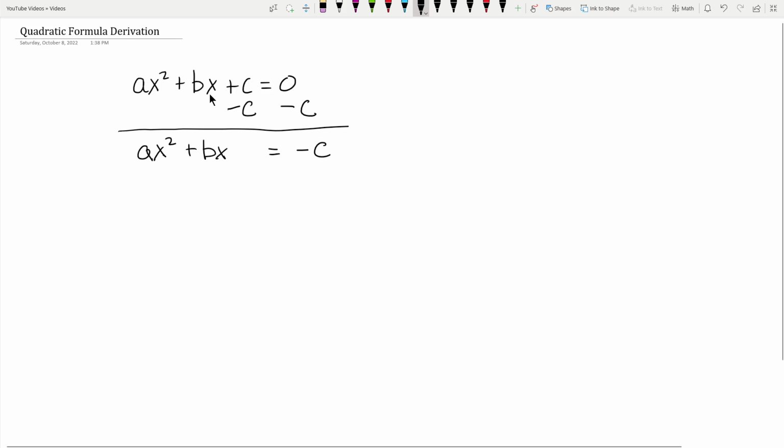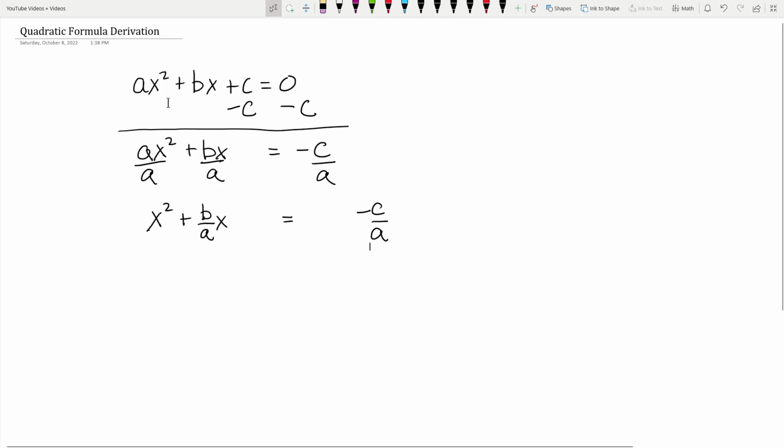And then in order to complete the square, I can't have a leading coefficient, so I'm going to divide that out of all of my terms here. So now I have x squared plus b over a x, equals minus c over a.